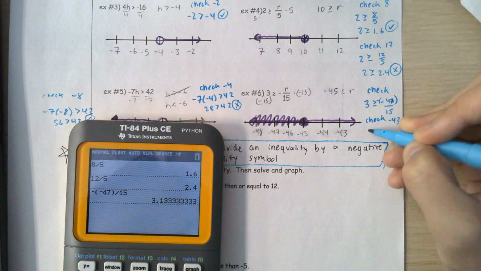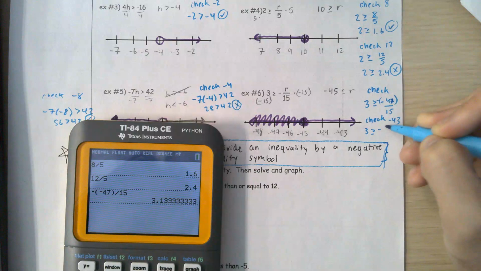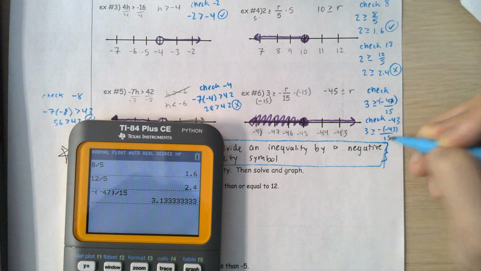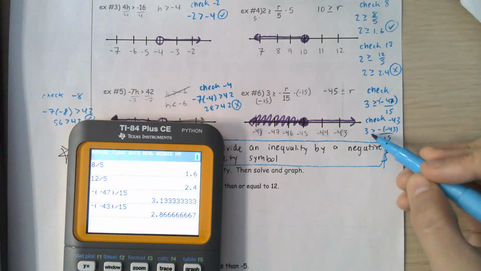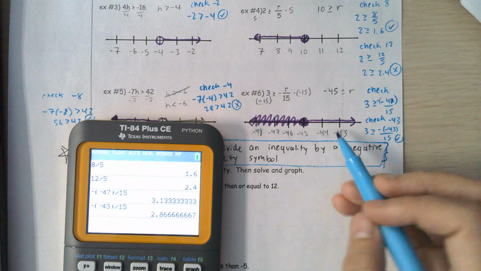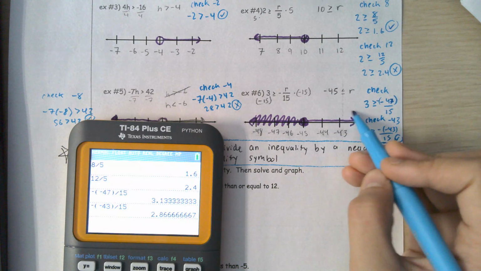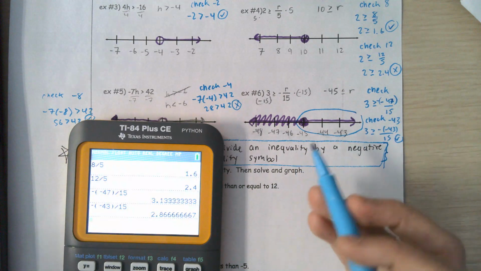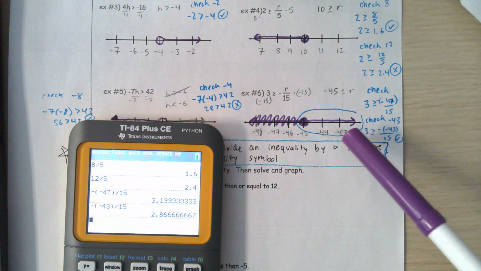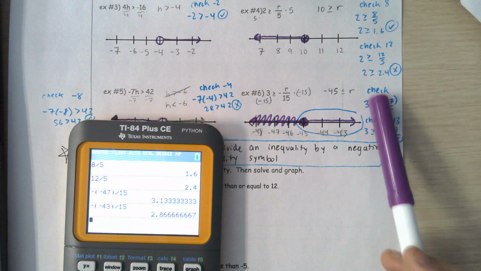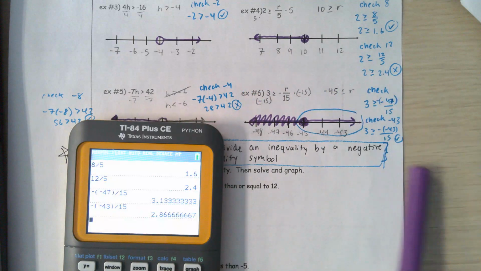So we have 3 is greater than or equal to -43 over 15. Negative 43 over 15 is about negative 2, so 3 is greater than that. So we know that this is what it should be, right? So these are easy to get tripped up. I've gotten tripped up a few times. So just be very careful that you're checking. If you don't check, it's going to be very easy to mess up.